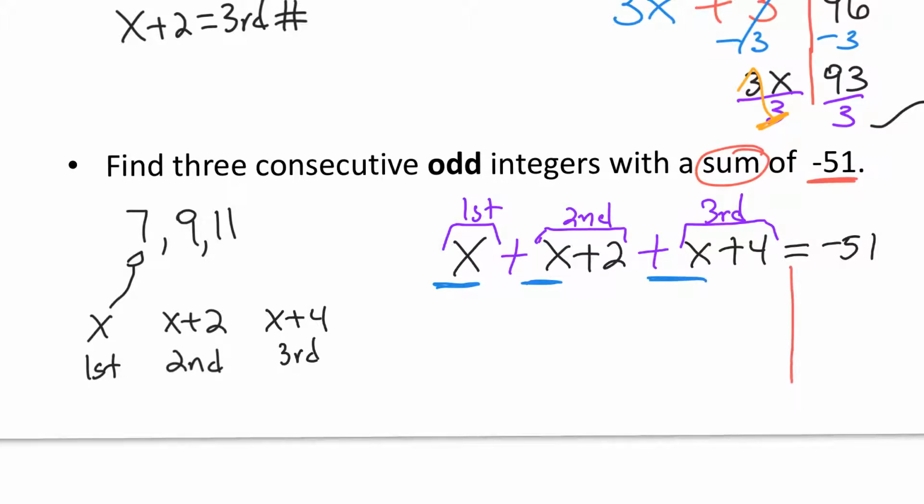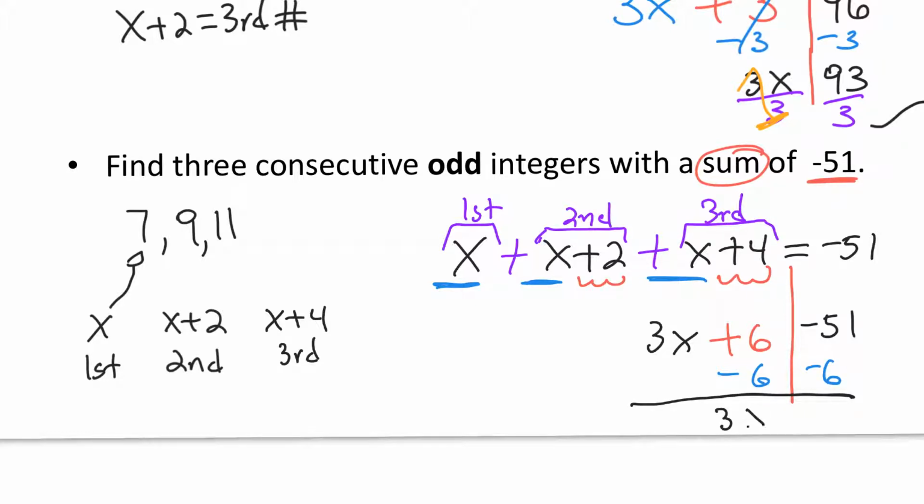So let me bring down the line here. 3x and positive 2 plus 4. That's positive 6. And then you bring down the negative 51. Let's go ahead and cancel the constant. You eliminate the constant, minus 6. So that's going to be, let me put the line here, 3x, and on the other side, negative 57.